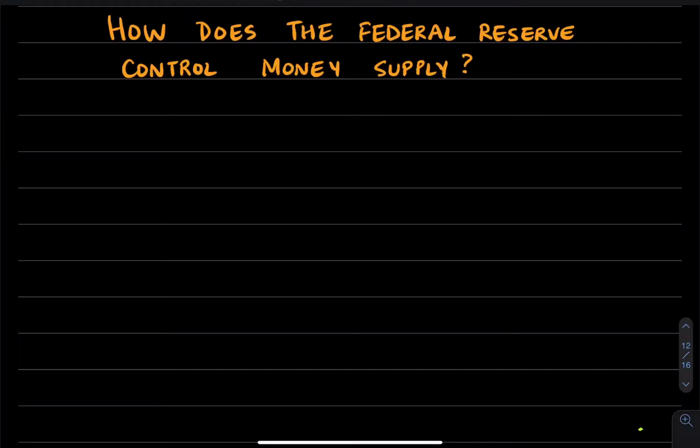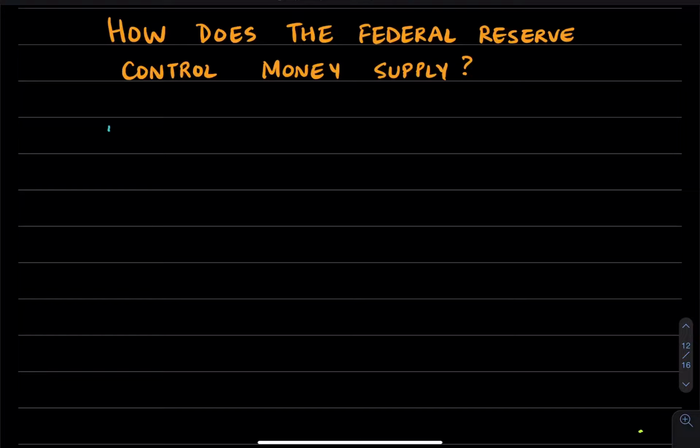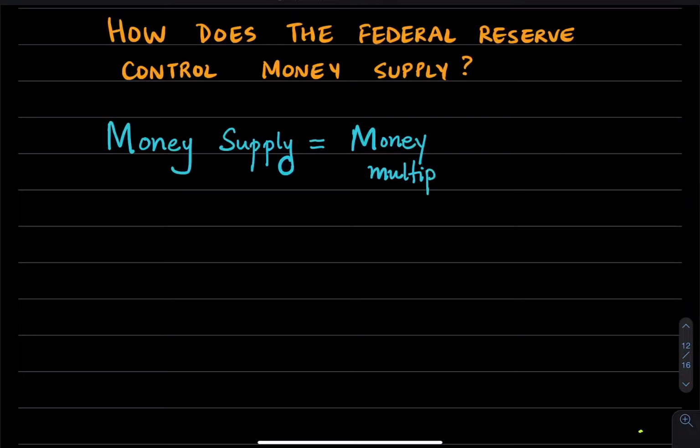In this video, which is really the last segment of this chapter, we are going to learn about how the Federal Reserve controls the money supply. Recall that we learned in earlier videos that the money supply is given by multiplying the money multiplier with the bank reserves.